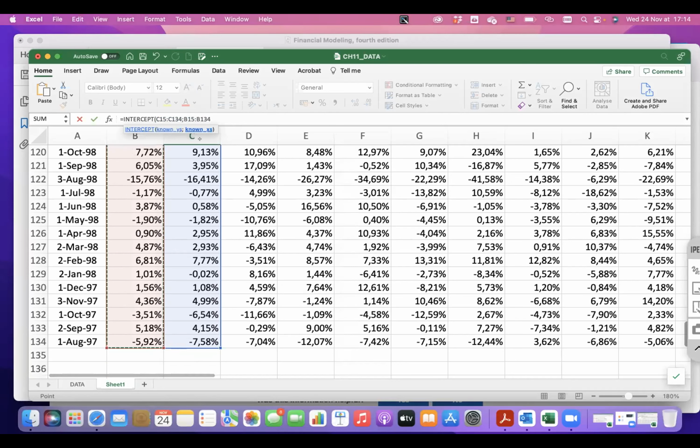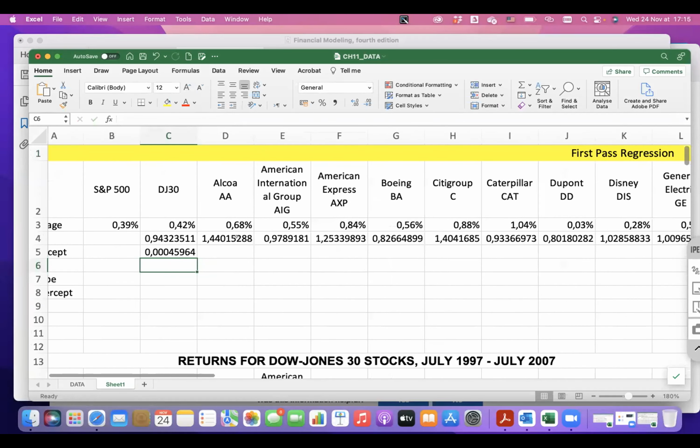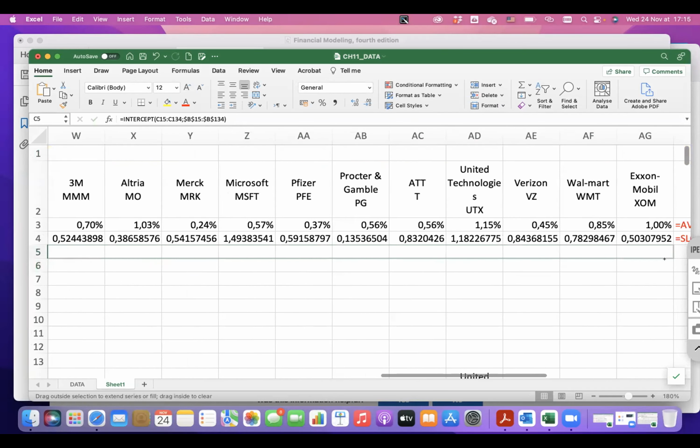We keep this column fixed, so we add the dollar sign. And then we close the parentheses. And then scroll it to the right-hand side.